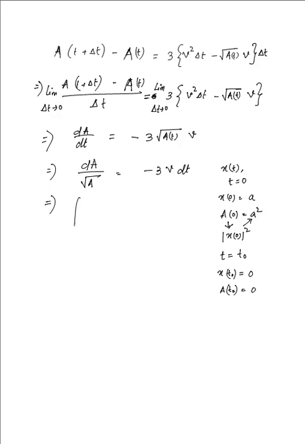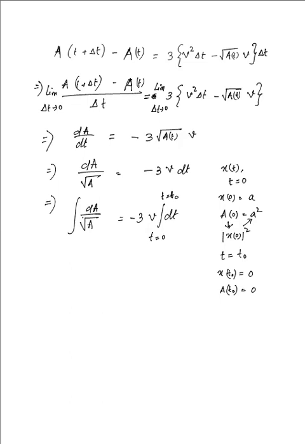So this integration over dA, with root a, is taken from the lower limit, and dt is integrated from t equal to 0 to t equal to t0.